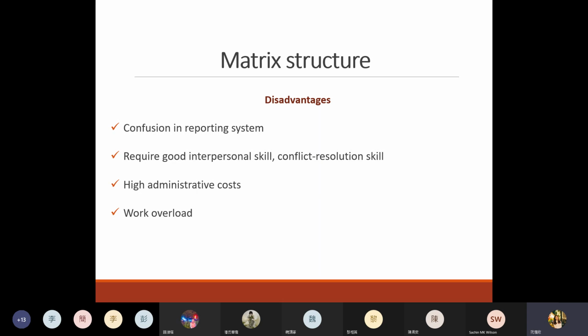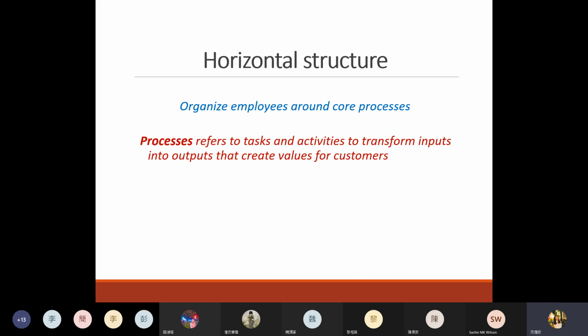It can make them burn out, where it's too much for employees to handle, and eventually they may fail to complete the tasks that they need to fulfill, both in terms of the projects and in terms of the departments.